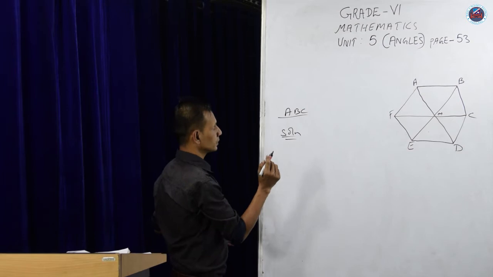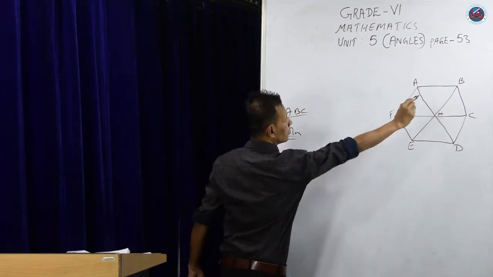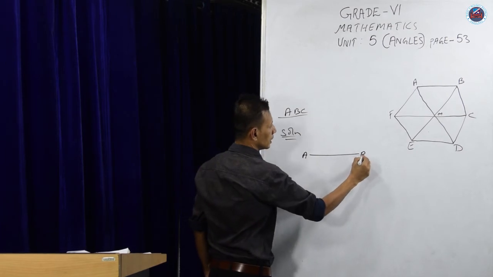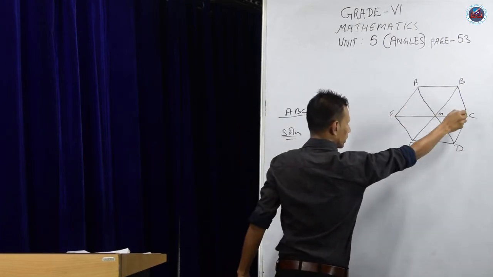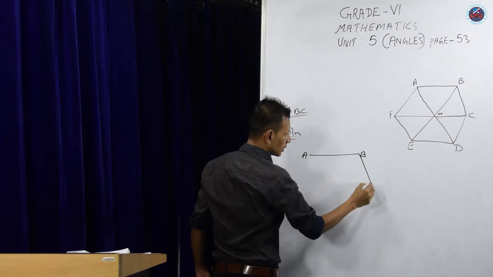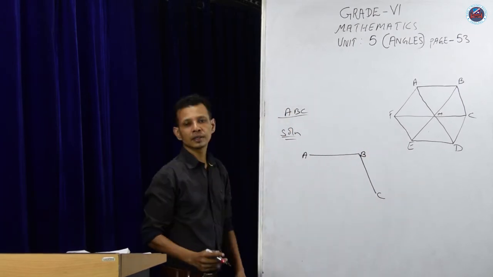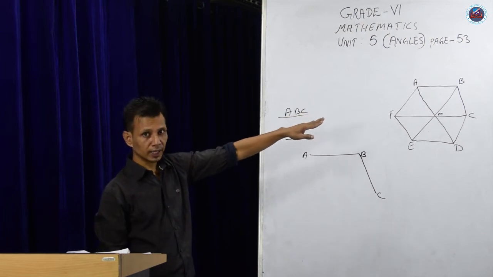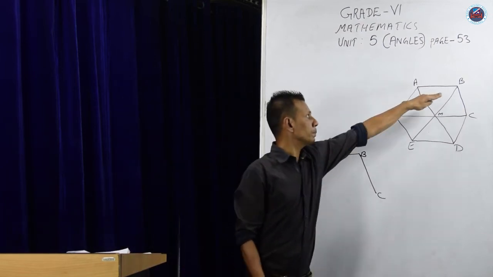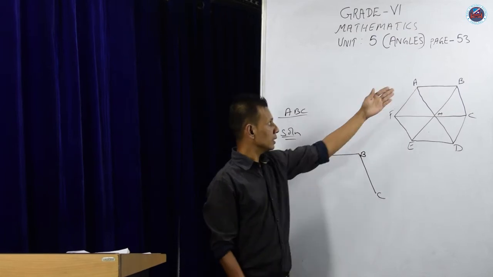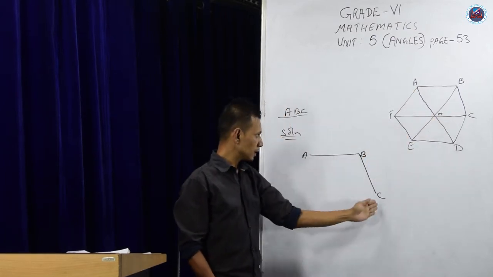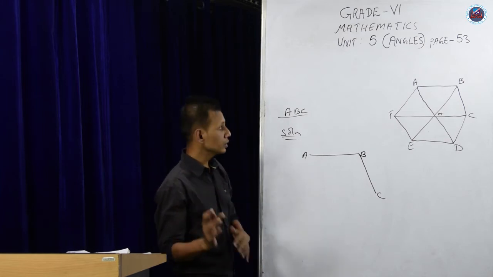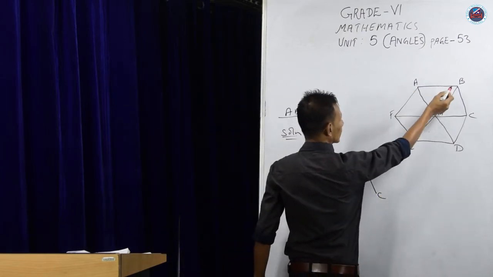Is that okay? Now, I'll draw that. AB, you see that? A, B, now C is here. Understood? I just copy from there, okay? To make it easier. AB, this is the one. BC, this is the one, right? Now, as the question already told you that all angles are 60, 60, 60.